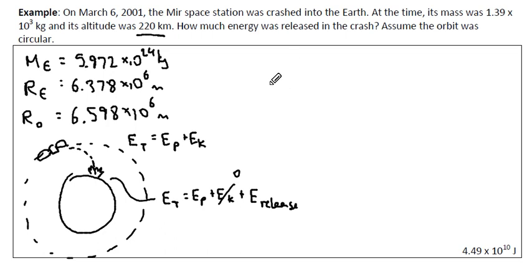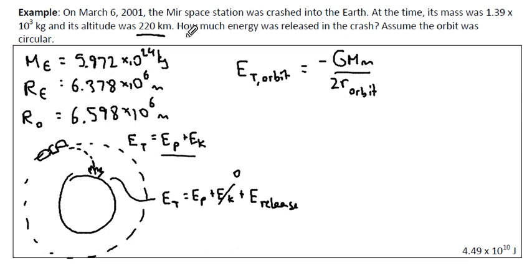So let's see what happens. Energy total at orbit. Let's find the orbital energy at first. We can use our total energy equation, negative G m over 2r of orbit. So we're going to plug in 6.67 times 10 to the negative 11, multiply the two masses.